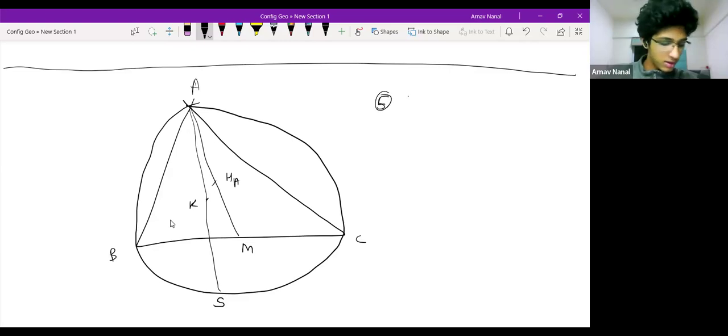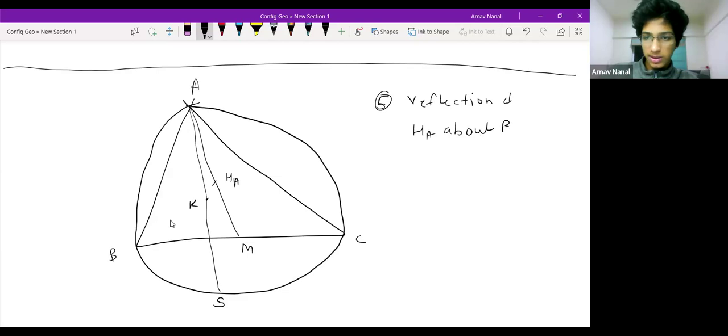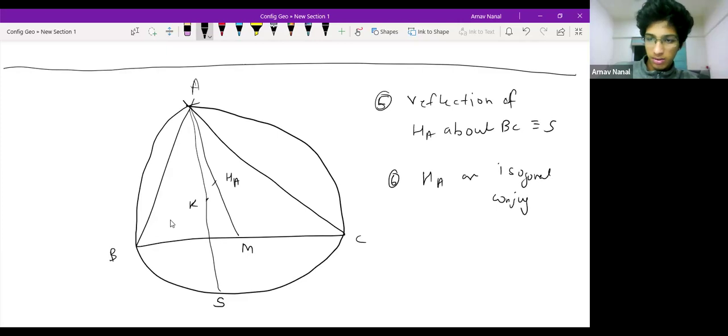Whatever. It says that the reflection of HA about BC is S. And the next property is HA and K are isogonal conjugates in triangle ABC. So you can try to prove the fifth, and the sixth just follows.